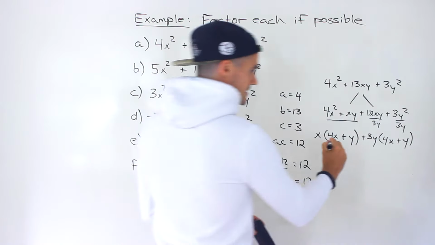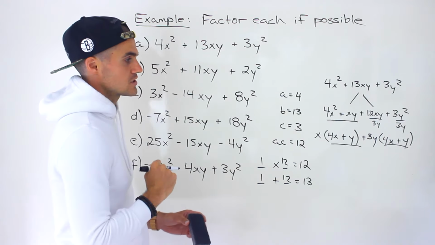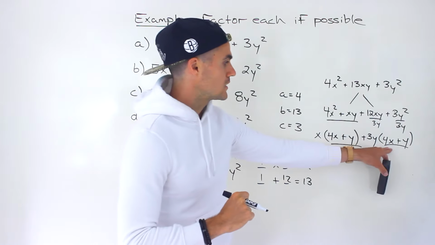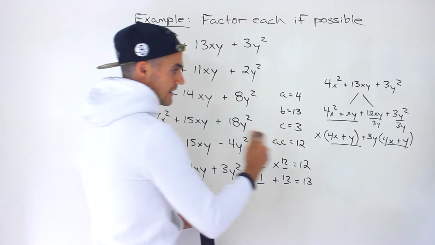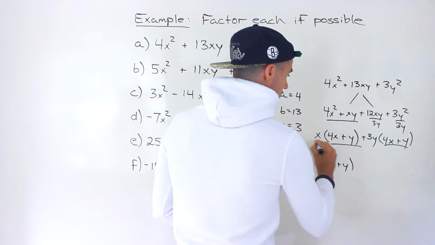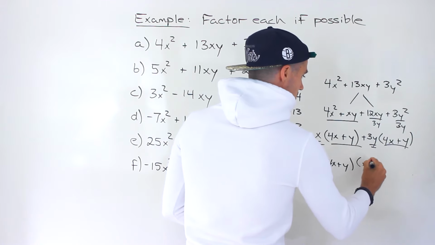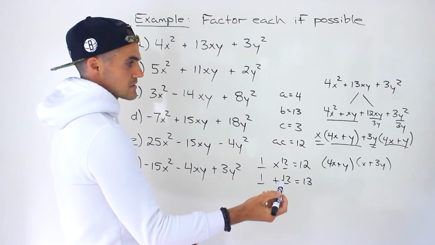Like that. And as expected, as we know from previous decomposition examples that we've done, these two brackets should always be the same. So then we could take out that binomial factor and we'd be left with x plus 3y like that. So that ends up being the answer.